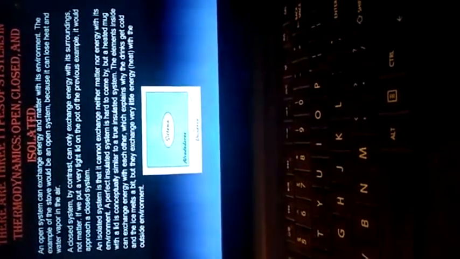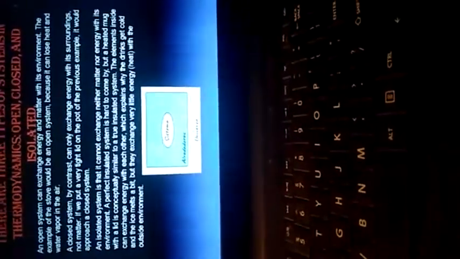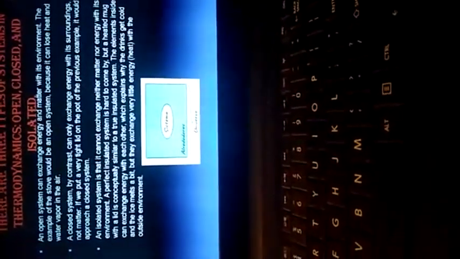The third is the isolated system. In this part, it cannot change the output and input of mass and heat.